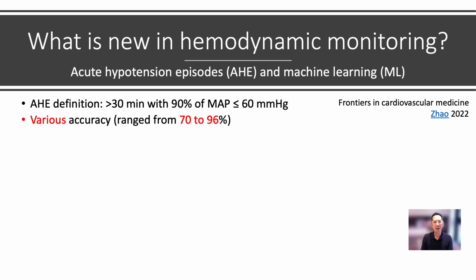So the bottom line is the accuracy ranged very widely from 70% to 96%. So it's often related to how you conducted the study. For a study with higher prevalence of the acute hypotension episode, that might influence the accuracy to be deviated to the better proportion.